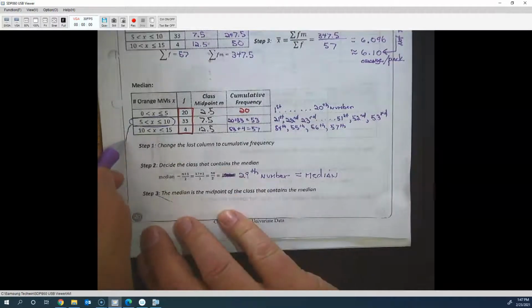To find what that median is, you find the class that has the 29th number in it. That class would be the second one right here. That class has the 29th number.